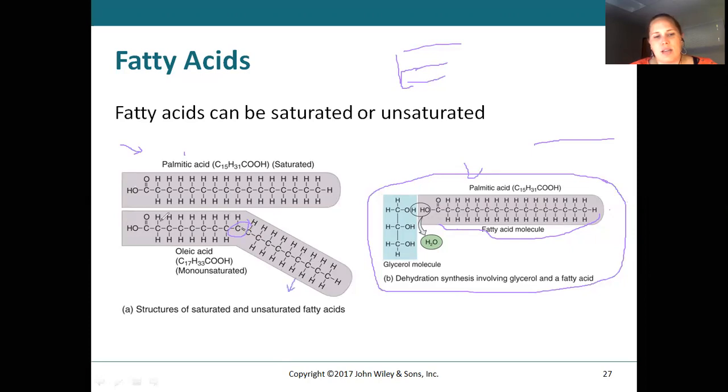So you can see it's not completely straight like this palmitic acid here. It's completely saturated with hydrogens, and this one is missing a hydrogen here and here, and because of that we have a double bond, and the double bond causes a kink. So this is unsaturated with a kink, and saturated with hydrogens means that it's straight.